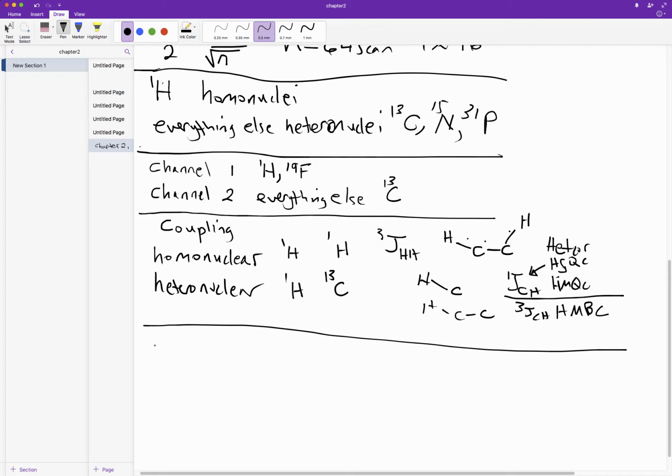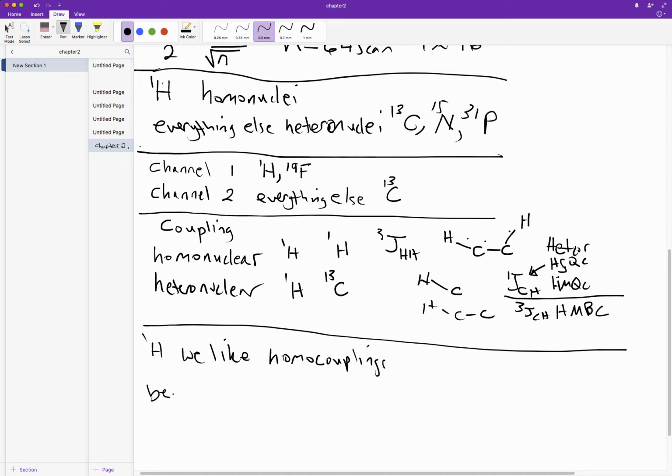Generally, for a proton spectrum, we like homonuclear couplings because they help you solve the structure of the molecule.